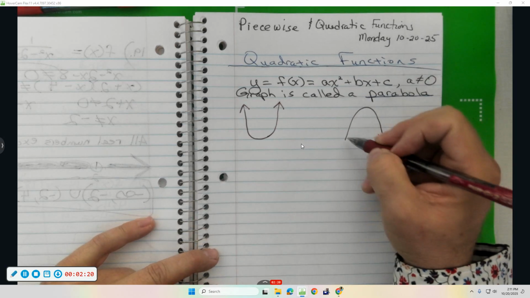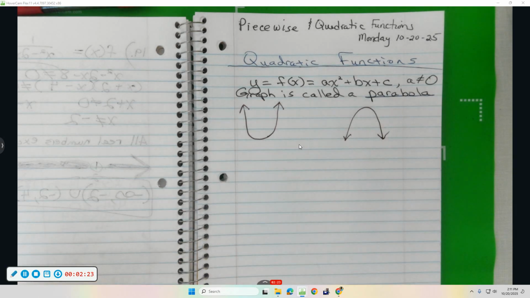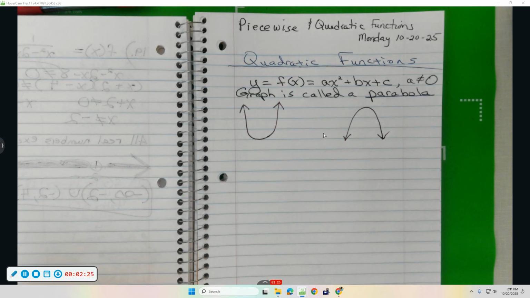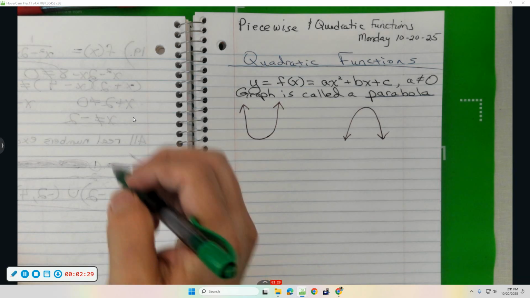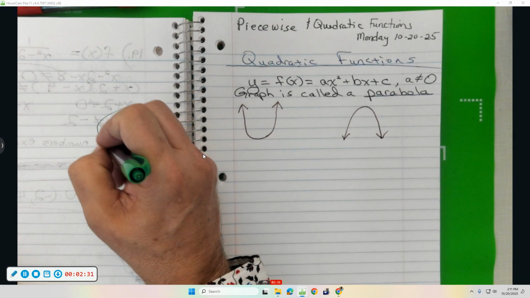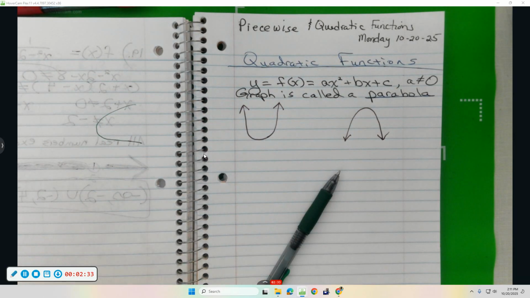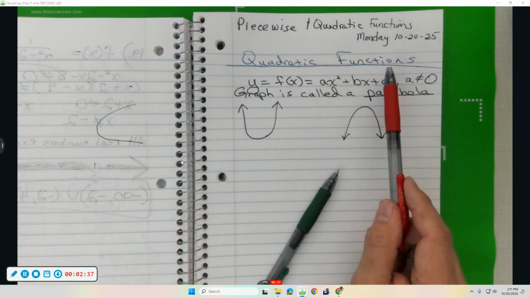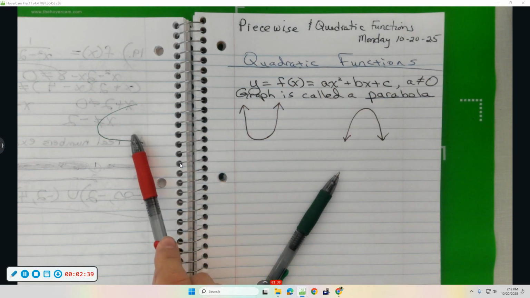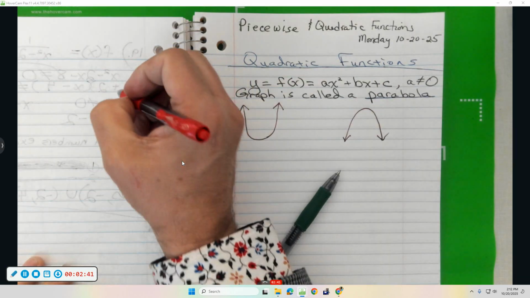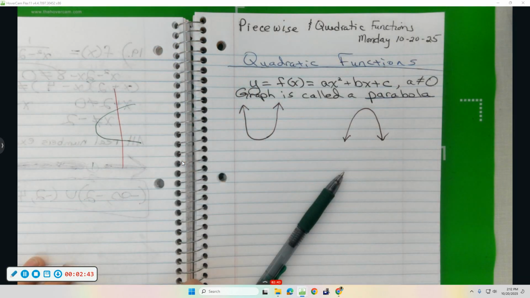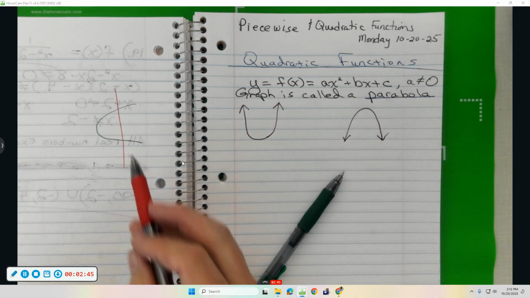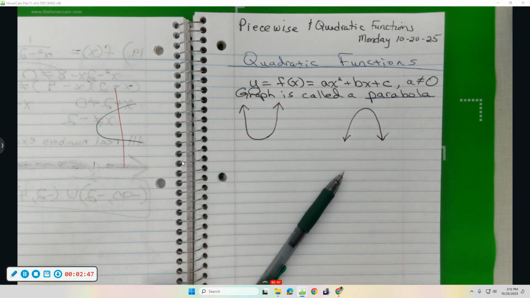These are referred to as vertical parabolas. We're not going to worry about drawing horizontal parabolas. A horizontal parabola would open like that. Remember, we're only interested in quadratics that are functions. If a parabola opens left-right, it fails that vertical line test. It's not a function. So we're not going to have to worry about horizontal parabolas, only vertical parabolas.